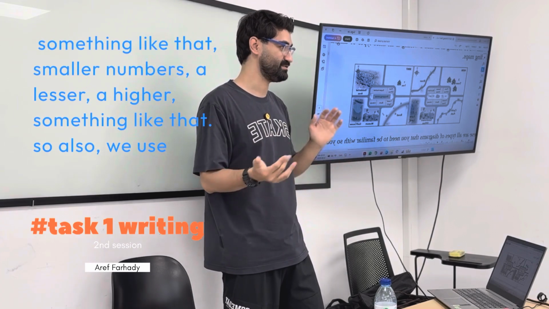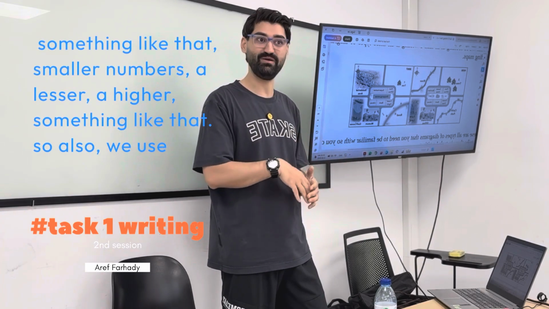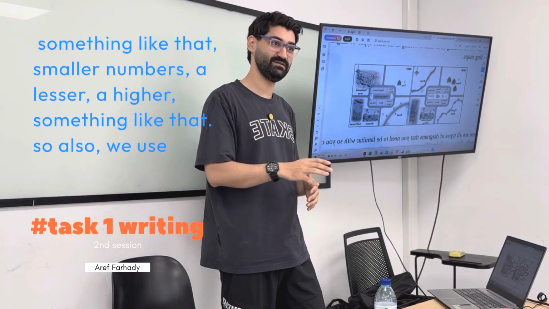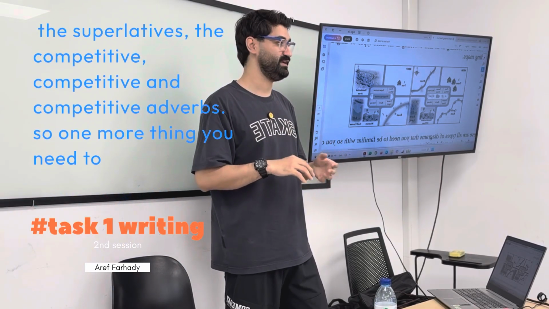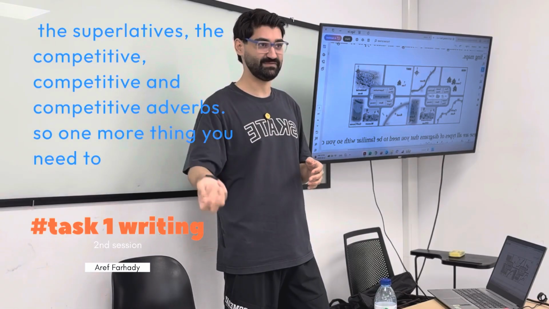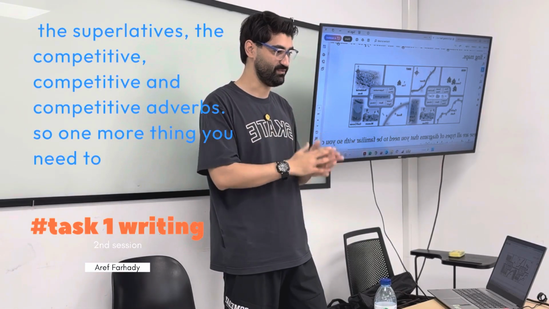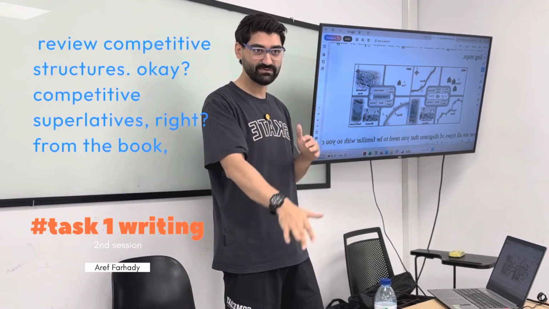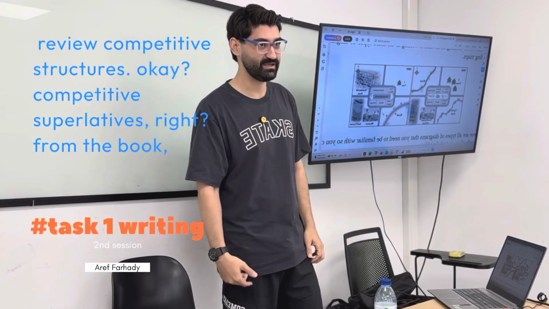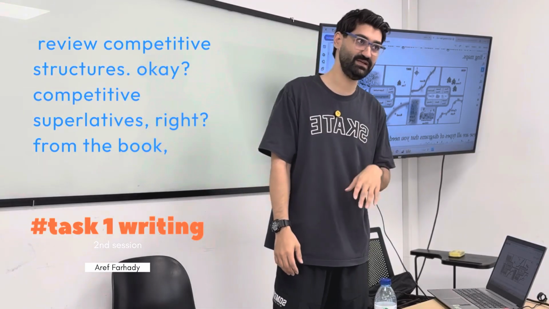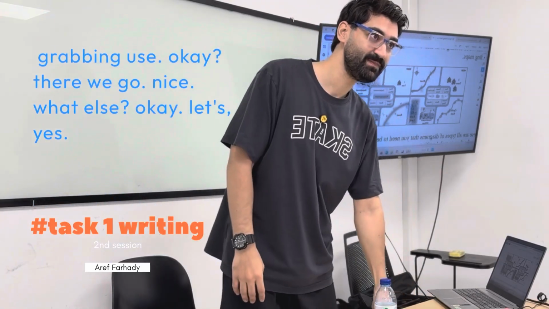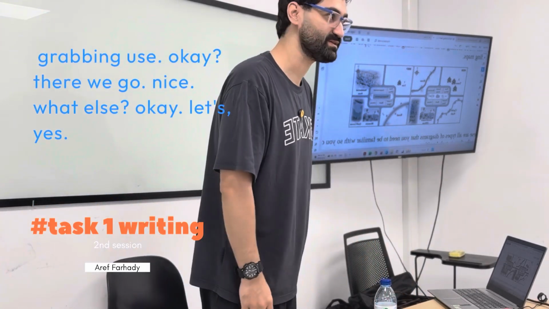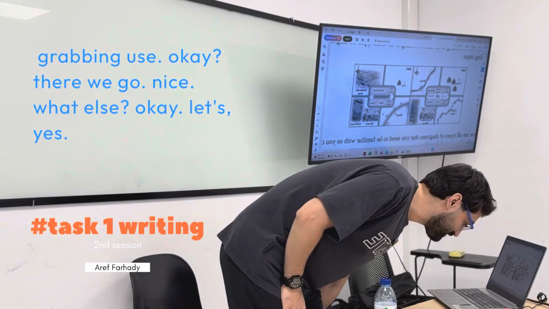Smaller, numbers are lower, are higher. So we also use the superlatives, comparative adjectives, and comparative adverbs. One more thing you need to review is comparative structures. Comparatives, superlatives, right? From the book, Grammar and Use. Okay? Very good.